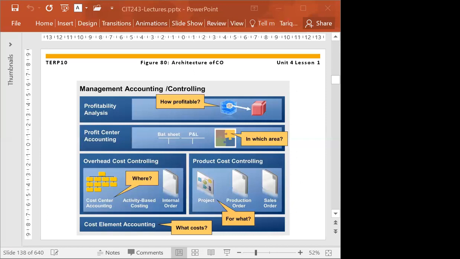Now we do have cost center accounting. This cost center is for controlling purposes, as I mentioned, the photocopy machine example. Basically, any paper we purchase, we need to know where we have spent this paper.